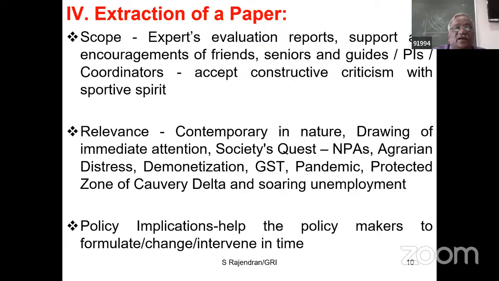And of course, I published a couple of papers in vernacular newspapers, but I miserably failed in it. My advice to the youngsters is that they should take it up in a very serious manner and get into extracting papers and publishing them. Now, what is the scope in doing that?